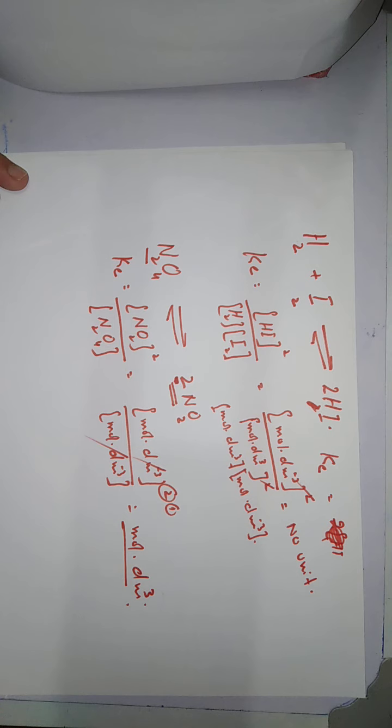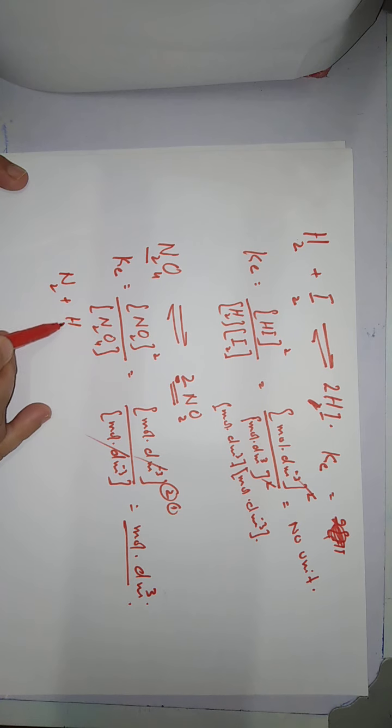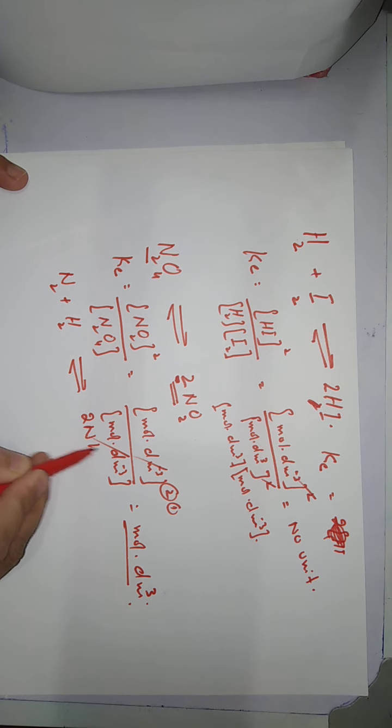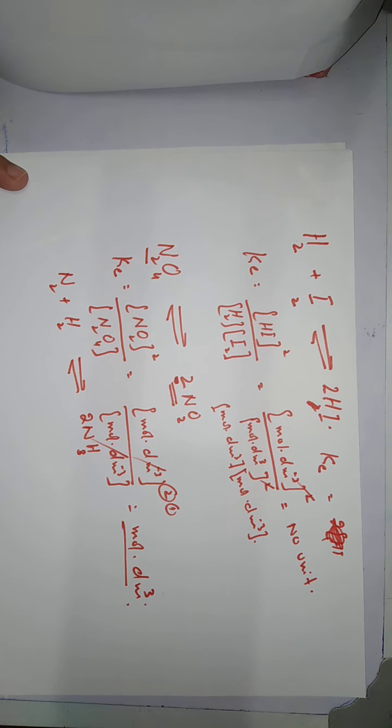Similarly, Kc has a unit for the reaction in which the number of moles of product is less than that of the reactant in a balanced chemical equation. For example, when nitrogen reacts with hydrogen molecule in a reversible chemical reaction, it produces ammonia.